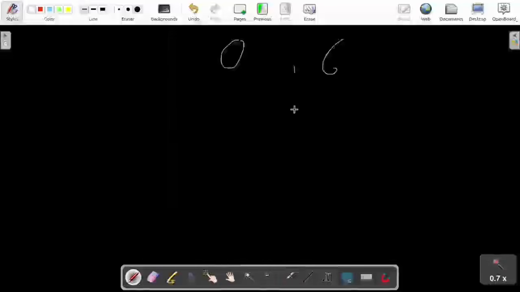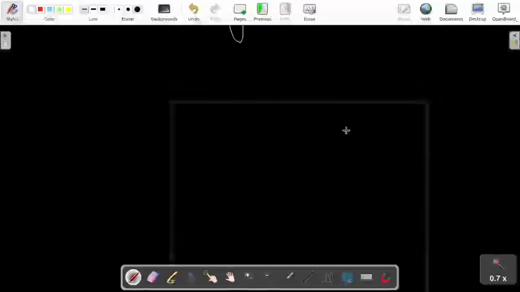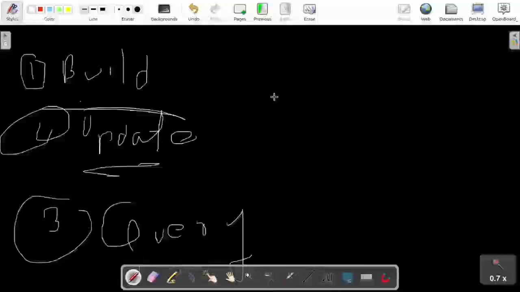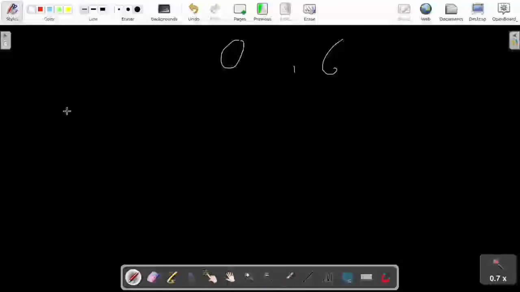So you will start from 0, comma 6, and our target index is 5. We have to update the element at the fifth index. We'll find the middle, denoted by m. The middle of 0, comma 6 is 0 plus 6 divided by 2, which is 3. Now compare your target index with this middle element.